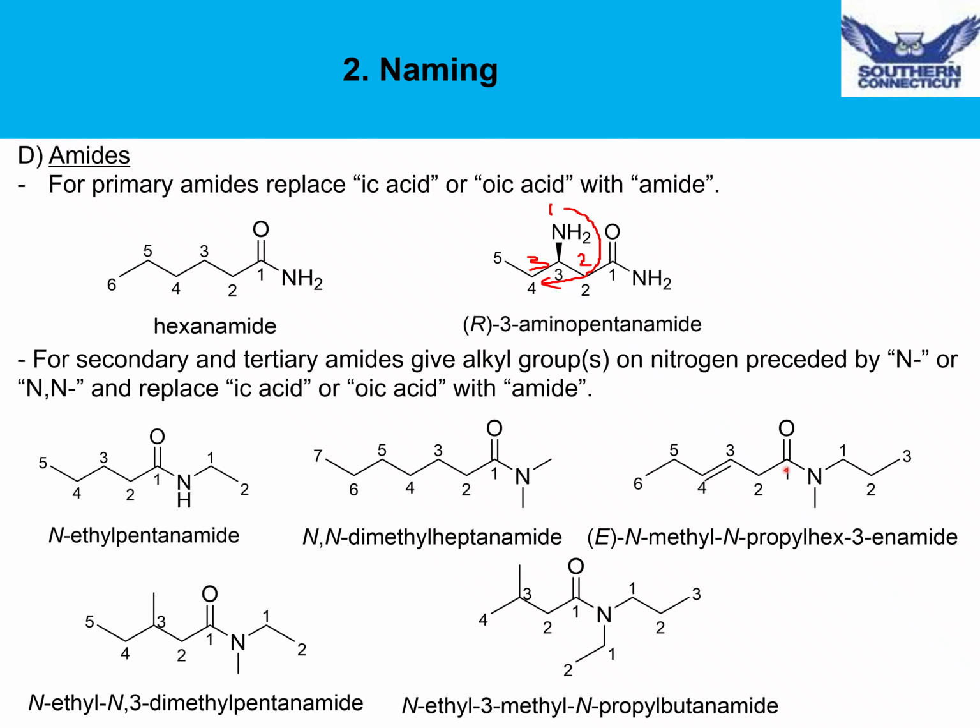The parent name is derived from having 6 carbons, includes a double bond on carbon 3, and of course the amide. So this parent name would be hex to indicate there are 6 carbons, 3-ene to indicate there's a double bond on carbon 3, and then finally amide. Note that we don't need to say where the amide is located since it's assumed to be on carbon 1.